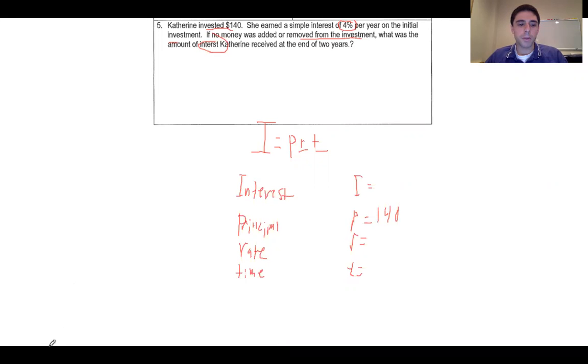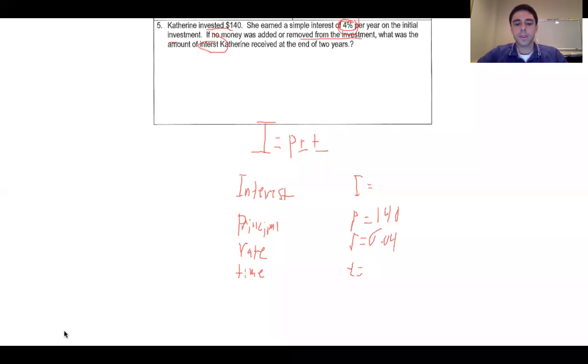What does the 4% represent? Right, exactly. That's going to be our rate. So we're going to have 0.04 as the rate.